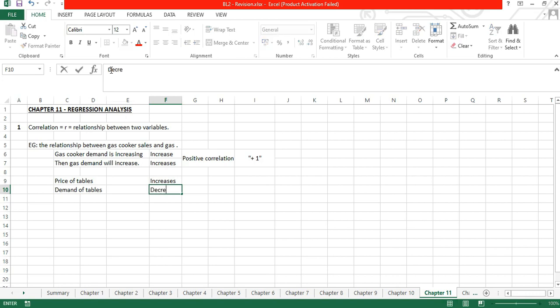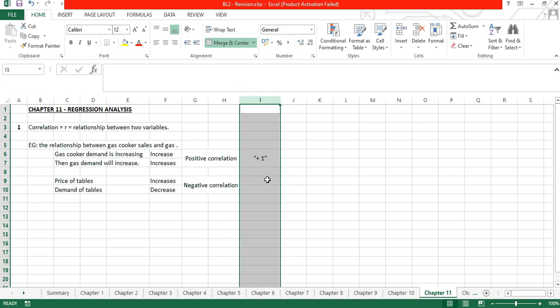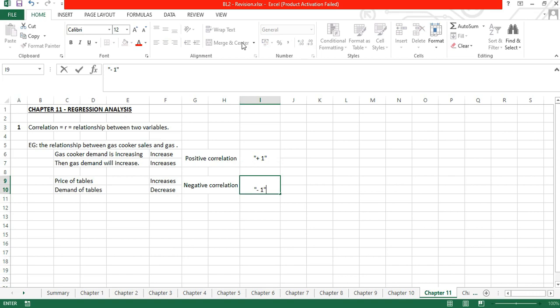It will decrease. So if one is increasing, the other one is decreasing. This type of relationship is called a negative correlation. A negative correlation is symbolized as minus 1.